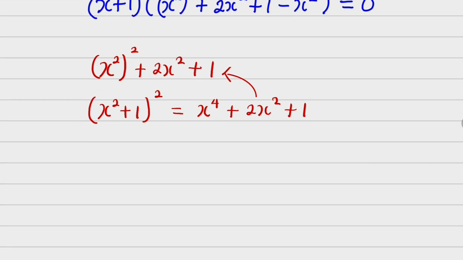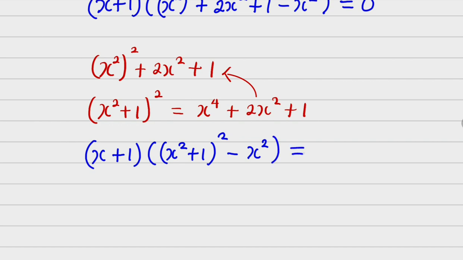So I can now substitute that so that I have x plus 1. Then instead, I'm going to have x squared plus 1 all squared minus x squared. Everything is equals to 0.